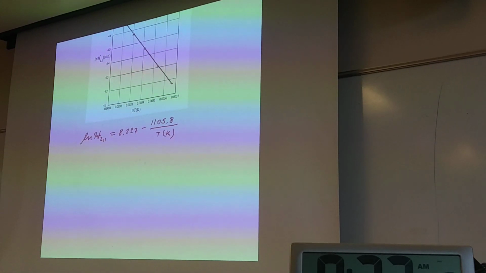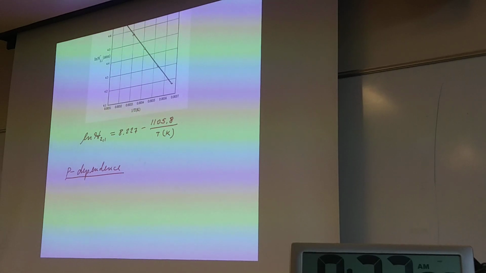So let's assume that the issue of the temperature dependence of Henry's constant here is resolved, and we see that it is fairly significant. So let's look next at the pressure dependence. And here I'm going to give you the result, which can be derived, but I'm not going to derive it for you.